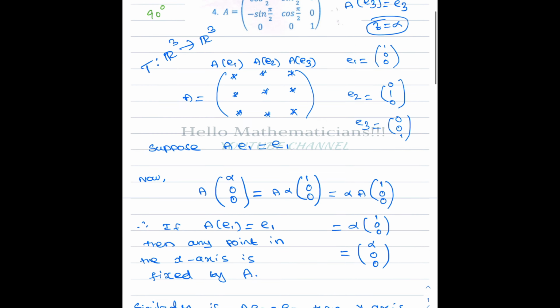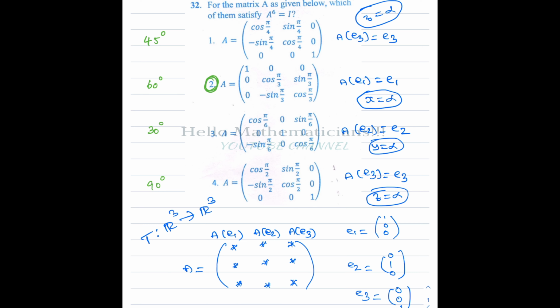Therefore, pi by 4 is 45 degree. If you rotate 45 degree 6 times, what will you get? 45, 90, 180, 270 degree. So in 270 degree you won't come back to the starting point. But if it is 60 degree, then 6 times 60 degree you will get back the original point. So therefore the second option is the right answer.